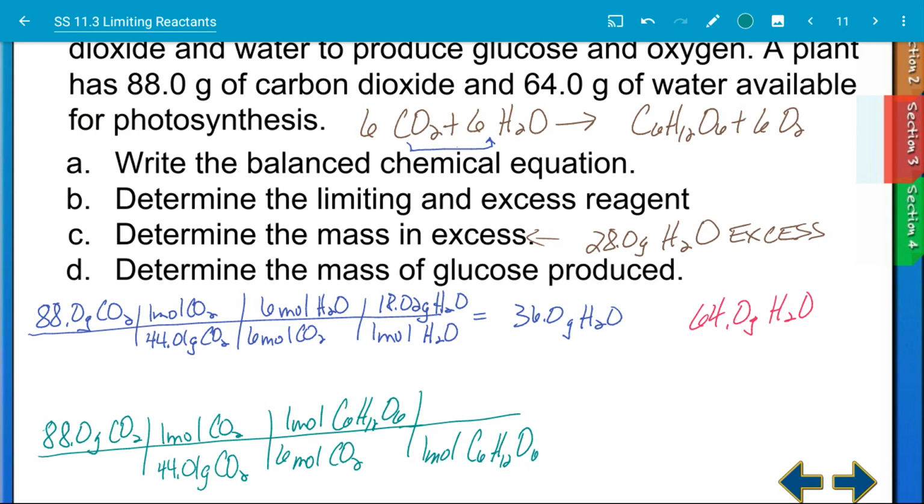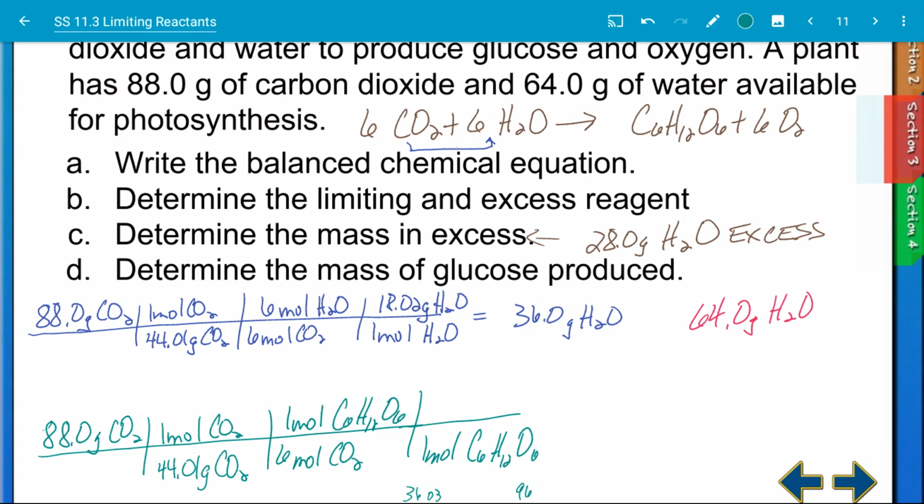So let's see, oxygen is 16 times 6, so 6 moles of oxygen is 96. And 12.01 is 1 mole of carbon. I have 6 of them. That's 36.03.